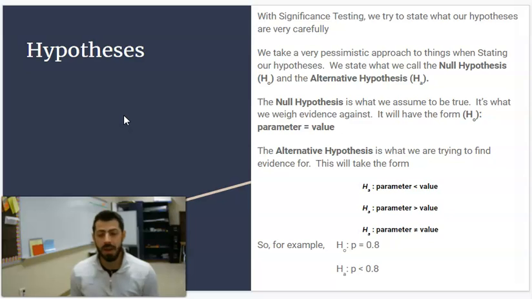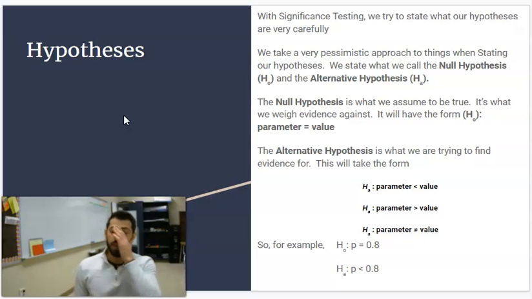The alternative hypothesis is what we are trying to find evidence for, right? So the alternative hypothesis is what we think might be true. So if we thought he was exaggerating, then our alternative hypothesis was that he's lying. Now, the alternative hypothesis can take 3 different forms. You can have the alternative hypothesis in which you think the parameter is less than whatever value you're given.